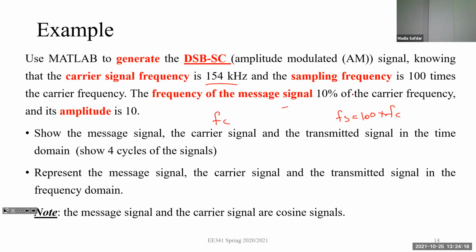Then the frequency of the message signal is 10% of the carrier frequency. So Fm is equal to Fc divided by 10. And then amplitude A is equal to 10. All the information is here.